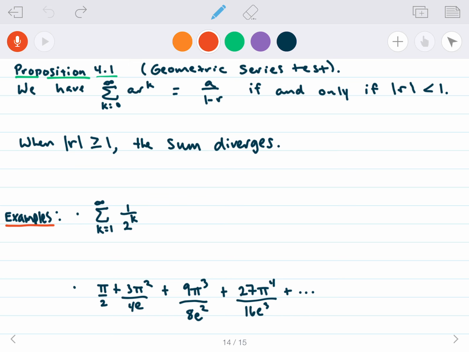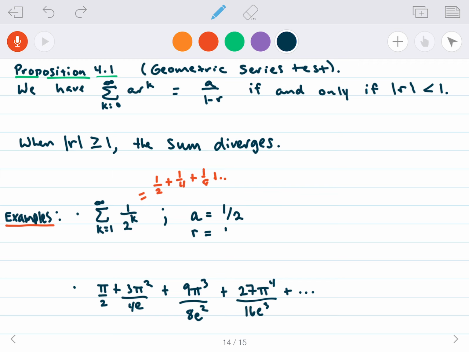Okay, so as an example here, our first term in this series, our little a, is going to be, when k equals 1, 1 over 2. And our common ratio is going to be 1 over 2 because, if we were to write this out and expand it, we'd have 1 over 2 plus 1 over 4 plus 1 over 8, etc. And so to get from one term to the next, you have to multiply by a half.